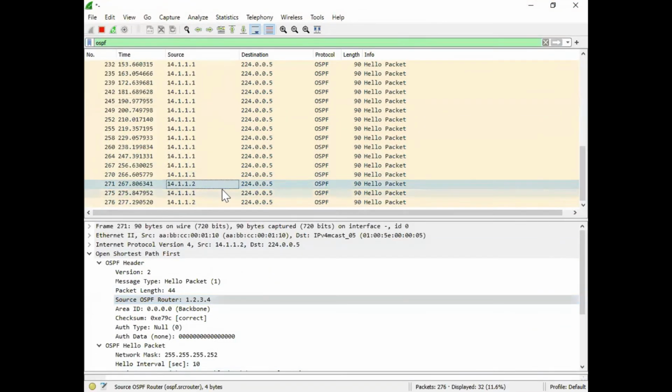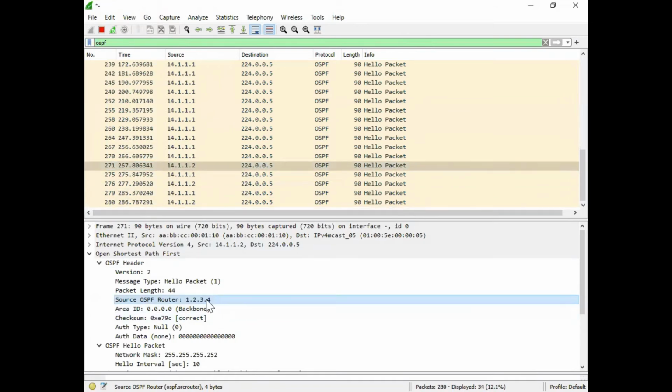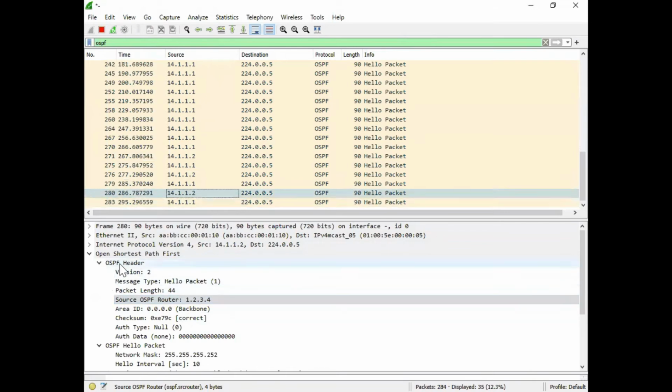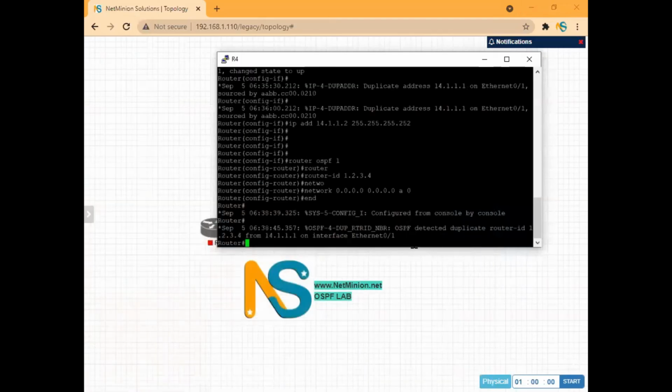Can you see now? Your router is also sending the OSPF packet to 224.0.0.5. And here also the source is 1.2.3.4. So either you click on 1, same source, or 2, same source. Inside your OSPF header, your router ID is configured.